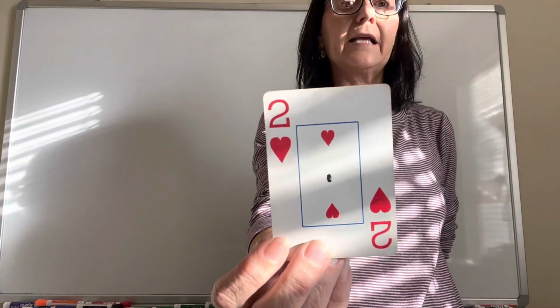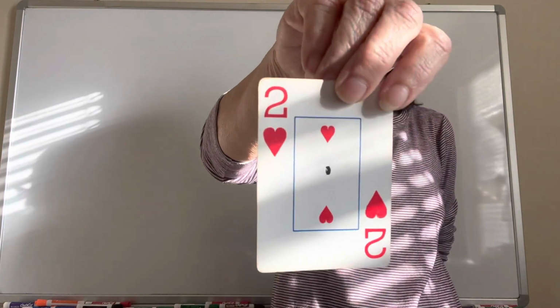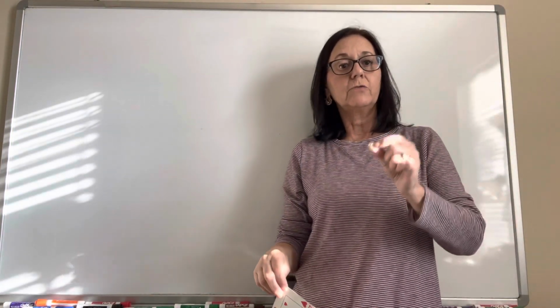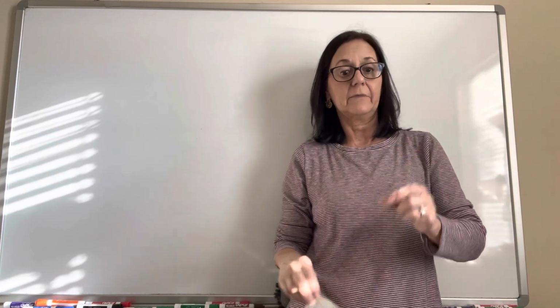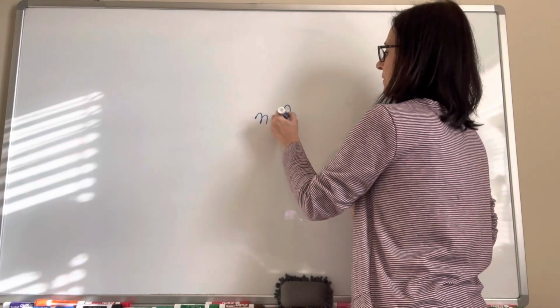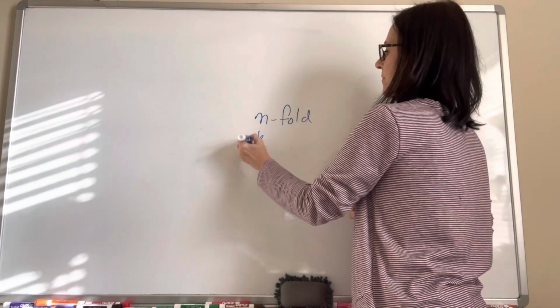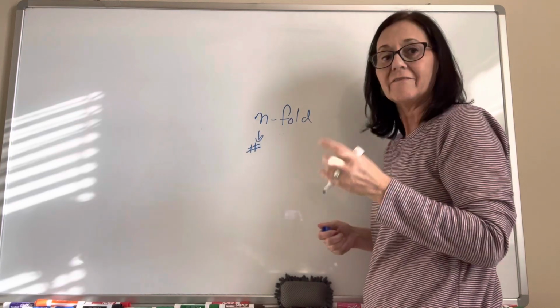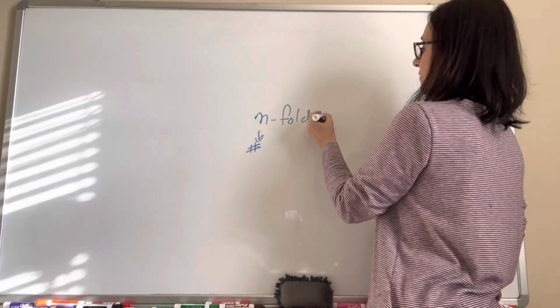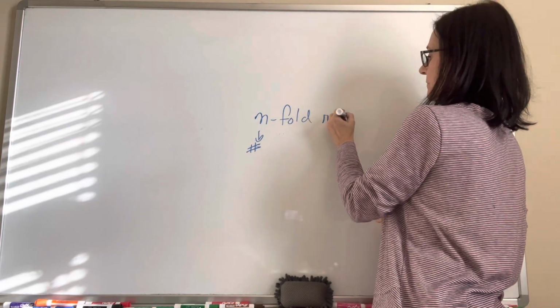Two images that look exactly the same. When you count the number of images that you can rotate it about and it looks exactly the same, that gives you what's called, this is a new word, n-fold, n being the number of images that look exactly the same, n-fold rotation symmetry.